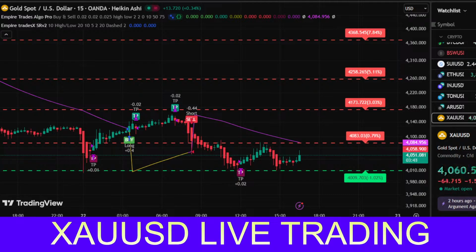This reduction in yields makes these investments less attractive compared to non-yielding assets like gold. Consequently, investors often seek alternatives to preserve or grow their wealth, and gold becomes a more appealing option due to its historical role as a store of value. The increased demand for gold as an investment drives its price higher.